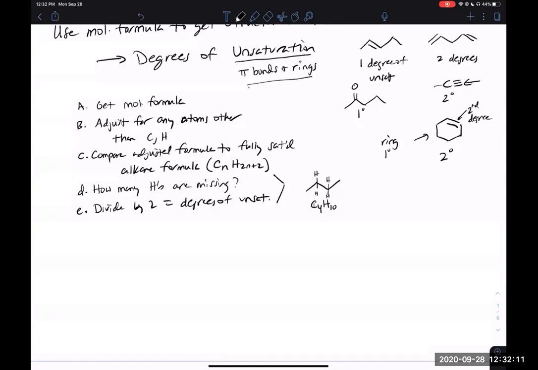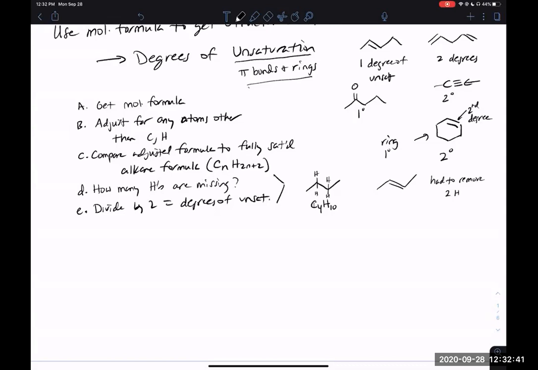C4H10. Now what I'm going to do is draw a molecule that has 1 degree of unsaturation. So it has a pi bond in it. We'll draw our new molecule right here, and I'm going to put a pi bond right there. Now, in order to put that pi bond in, I had to remove 2 hydrogens to accommodate that.